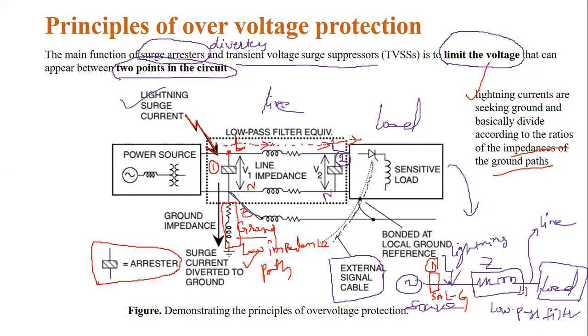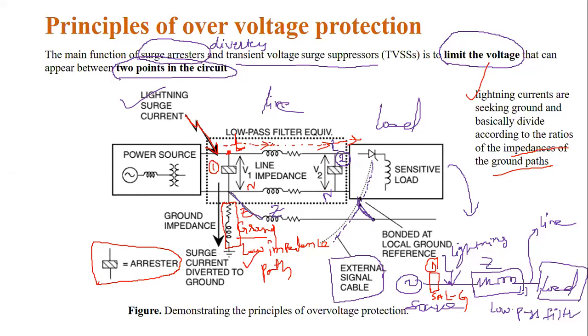Now see this impedance, this ground. They are bonded together. See this connection. It will also lead to some transients or an increase of over voltages on the load side.